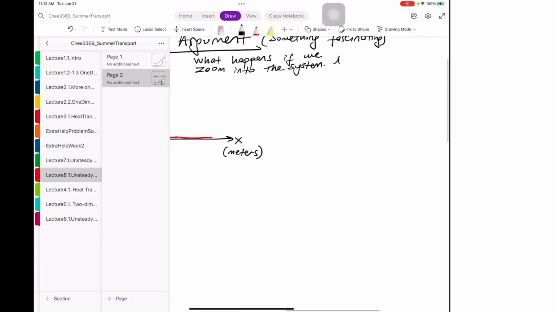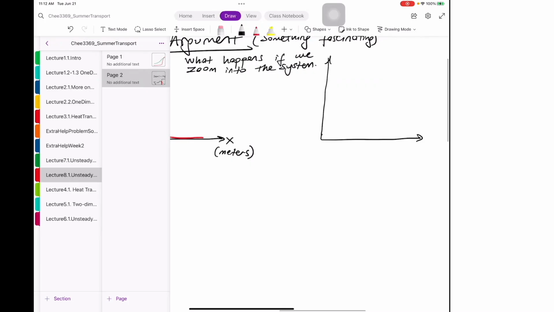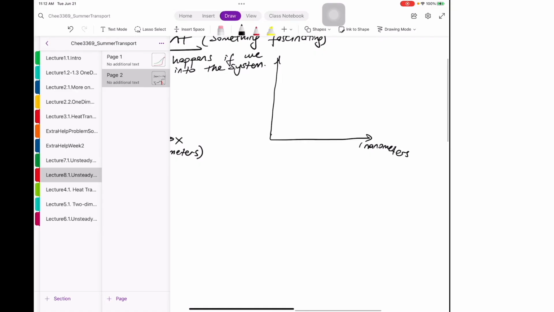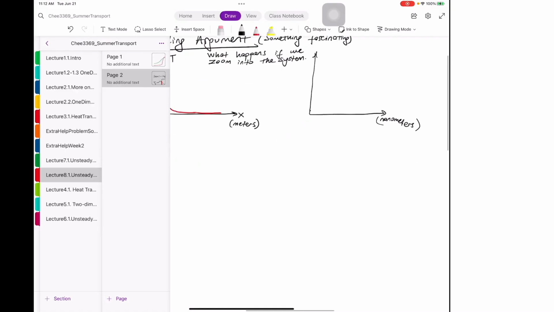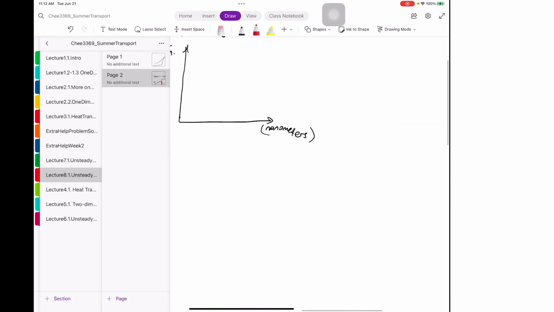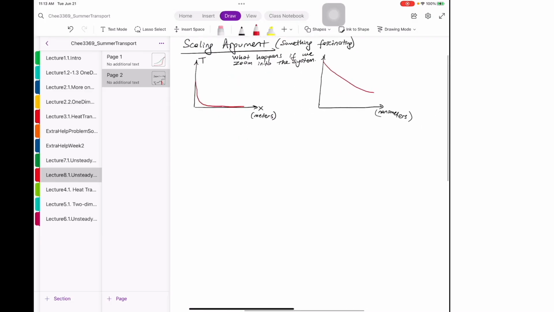Now, imagine you want to see the units of centimeters, or maybe nanometers. Okay, or maybe just centimeters. We don't need to exaggerate the case, but you can have something like this, right? For the same time, it might look a little different.